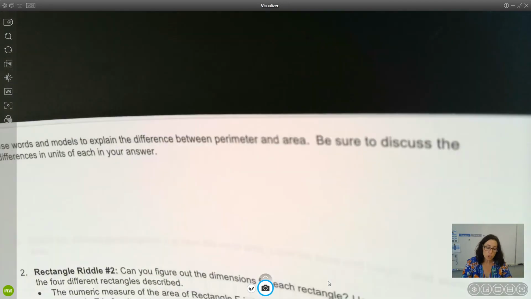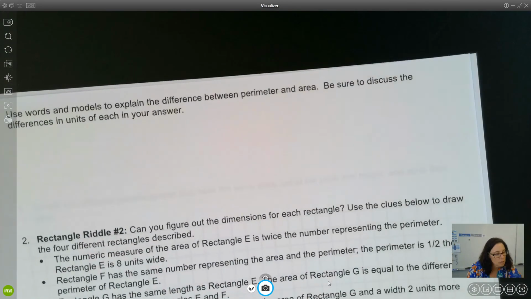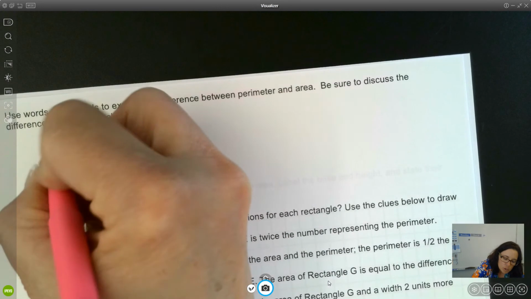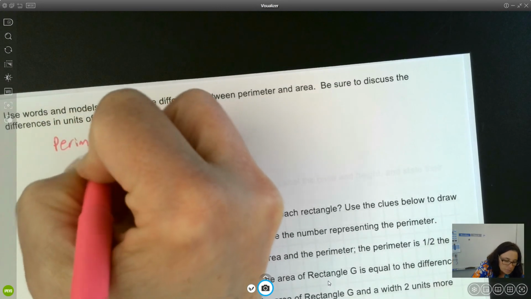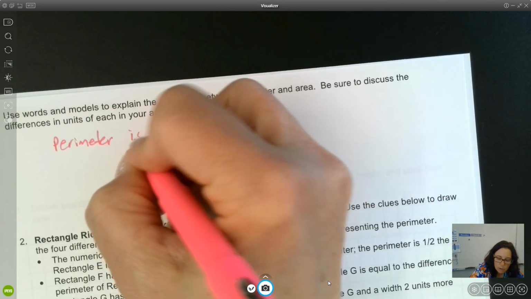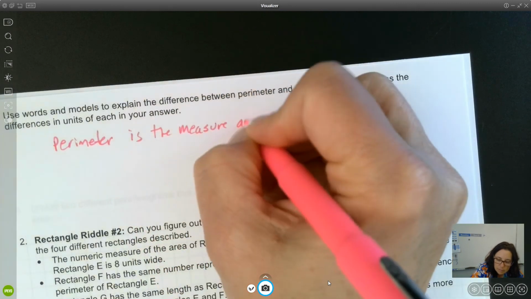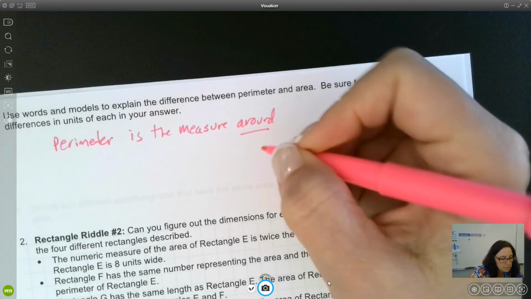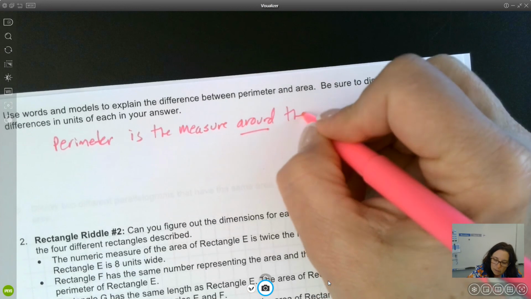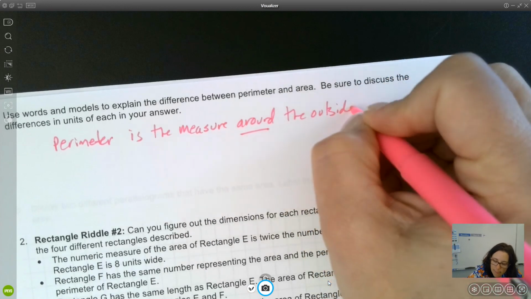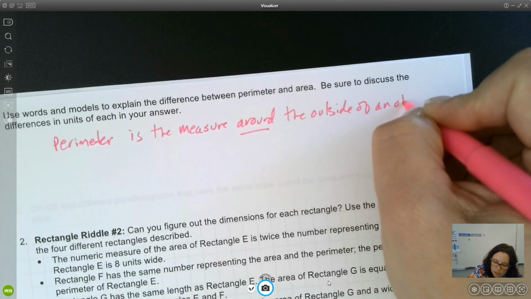It says use words and models to explain the difference between perimeter and area. Be sure to discuss the differences in units of each in your answer. Okay, so perimeter is the measure around the outside of an object.